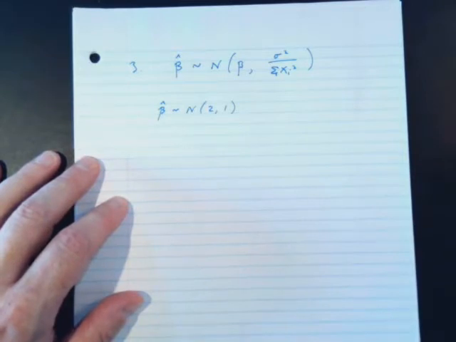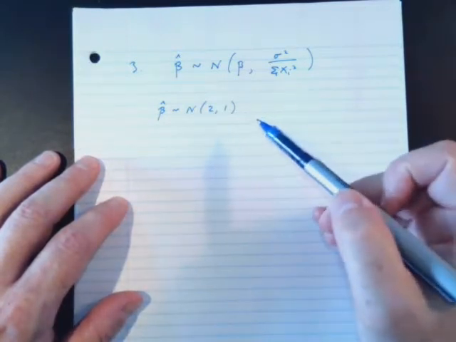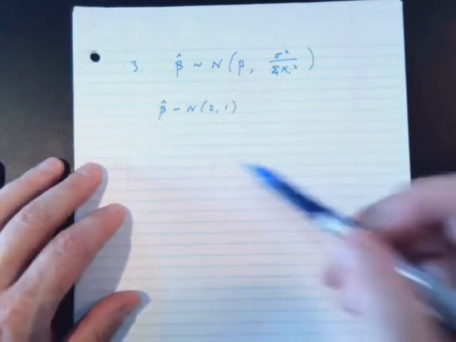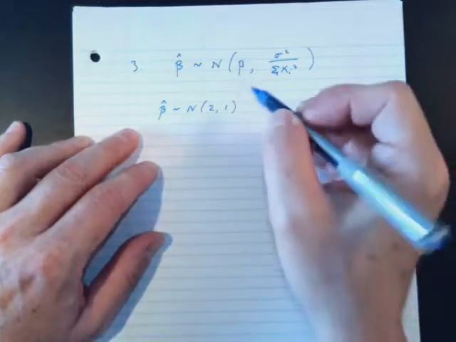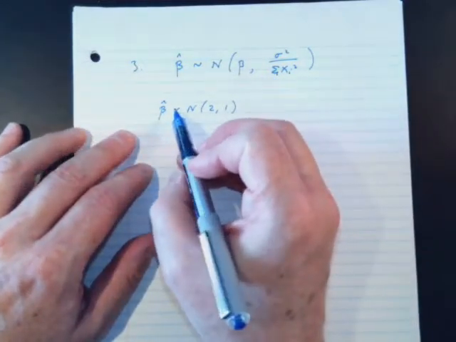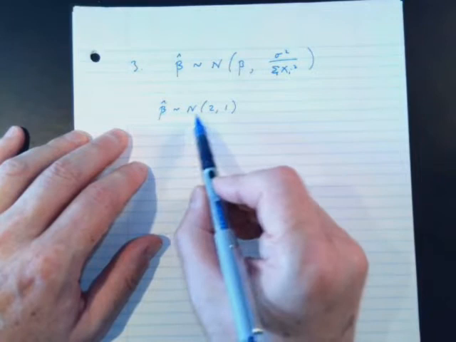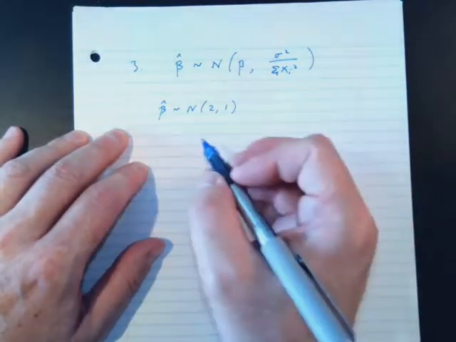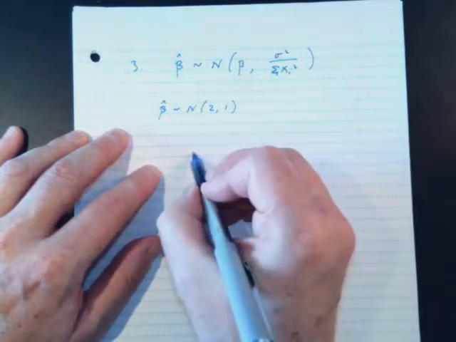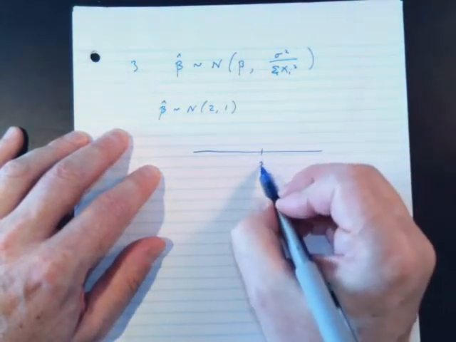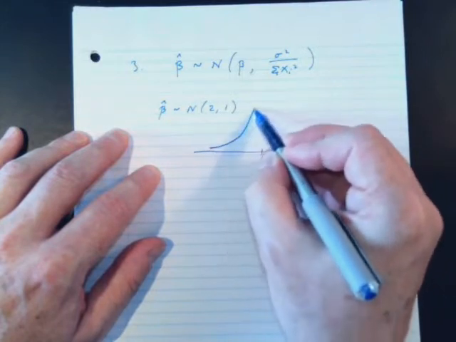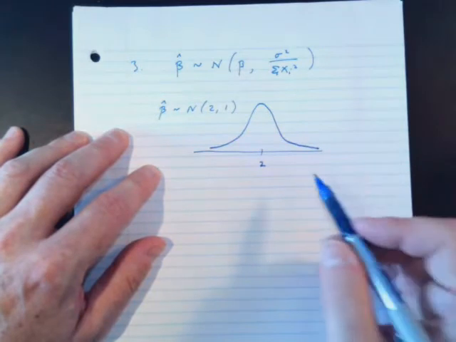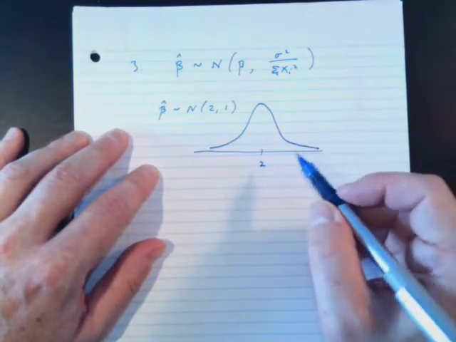To answer that, we have to know what the distribution is, and to know what the distribution is, well, we have to make some assumptions. And so, so far, the classical assumptions allow us to say that our estimate follows a distribution that might be something like this. And so then, if the classical assumptions hold, it means that beta hat has a probability density function that might look something like that.